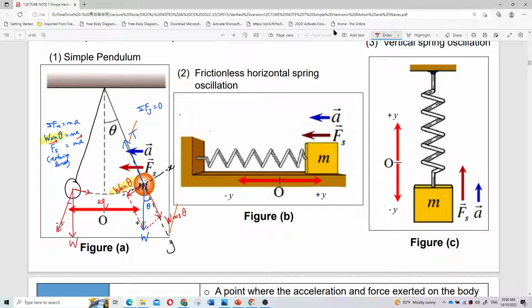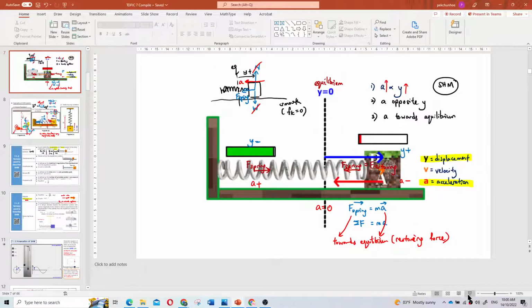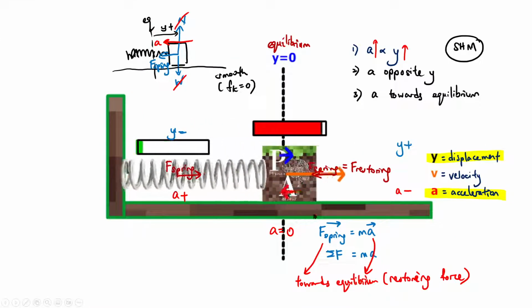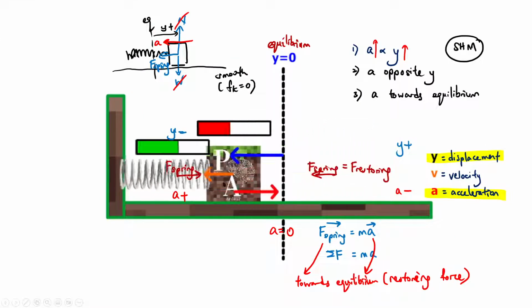So dia punya theta di sini. So W sin theta ke arah kanan pula. So A pun ke arah kanan, betul tak? Always towards equilibrium. Itulah cerita dia. Tengok balik animasi saya. Dan itulah dia ya. Kenapa acceleration always towards equilibrium.